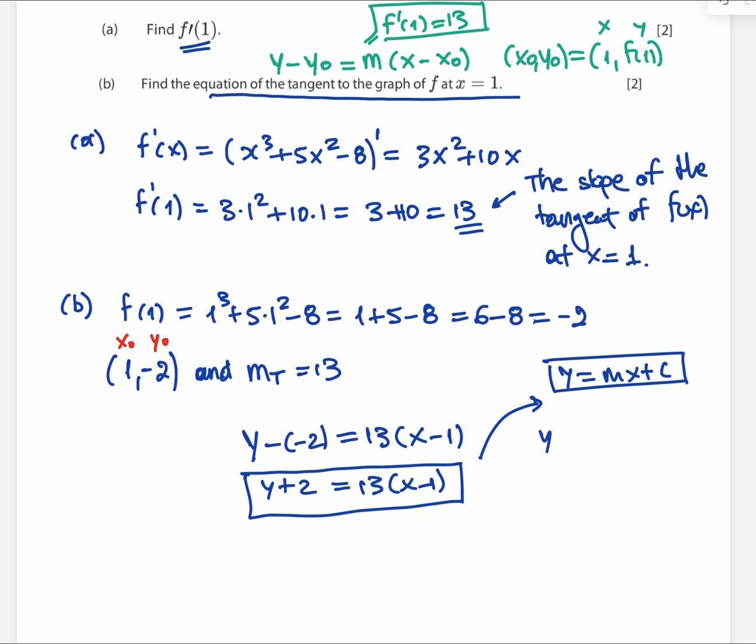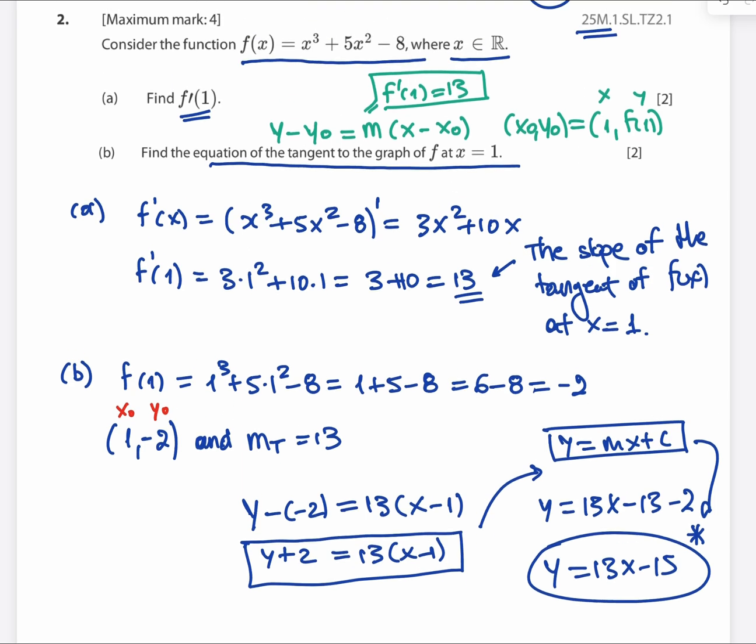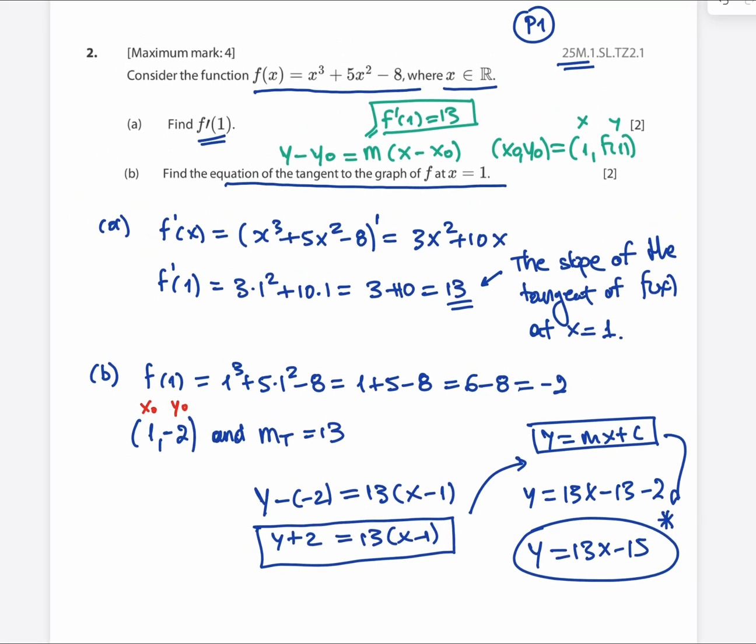So that's going to become y is equal to 13x minus 13 minus another 2, or otherwise y equals 13x minus 15. Be careful. If the question is not asking you to put it in that format, y equals mx plus c, you don't have to, and you will still get full marks during the grading by the IB.